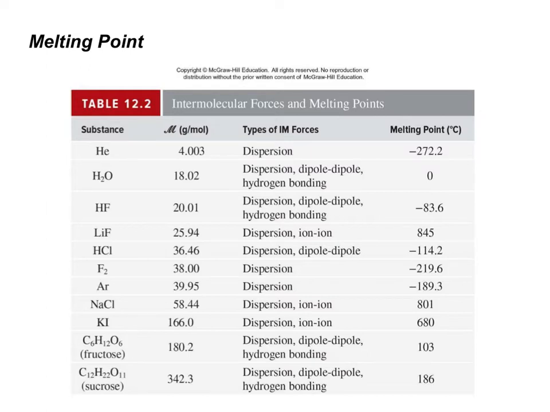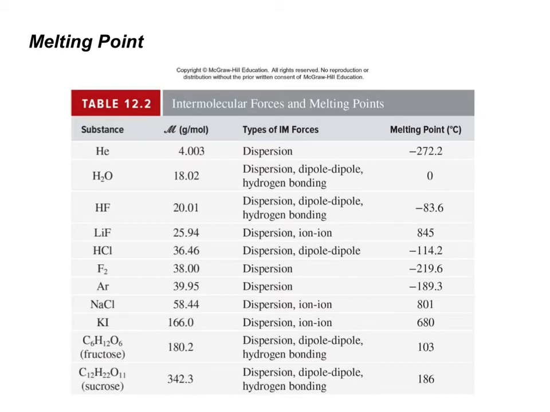Water, on the other hand, has strong dipole-dipole moments and hydrogen bonding, and therefore its melting point is zero, that is 273 Kelvin. Then we have hydrogen fluoride, a molecule that is slightly heavier than water, which has a melting point of negative 83.6 because the hydrogen bonds are weaker than those in water.